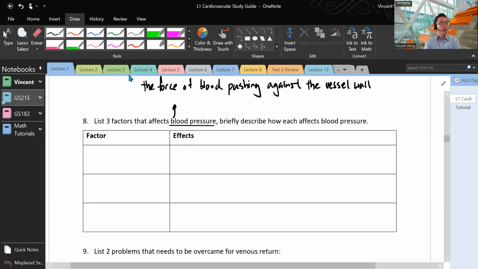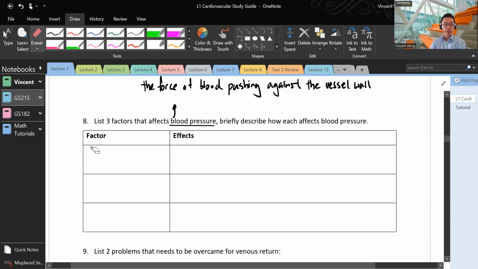So Adriana said one of the factors that affects it would be total blood volume. That is correct. Okay. Total blood volume.